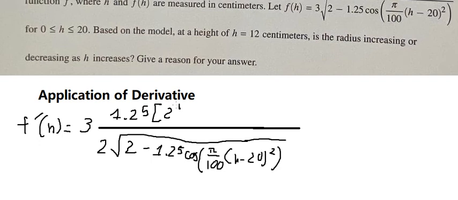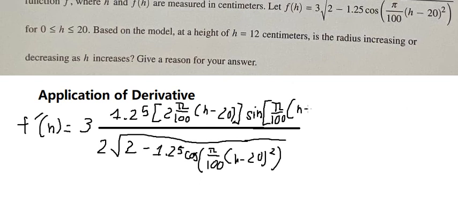So we have 2b over 100 h minus 20, and then we have sine of b over 100 h minus 20 squared in here.